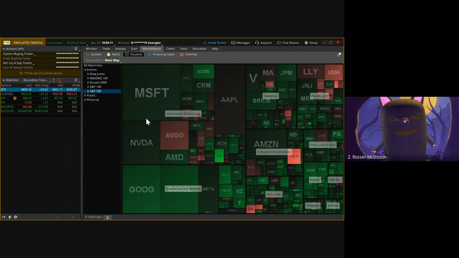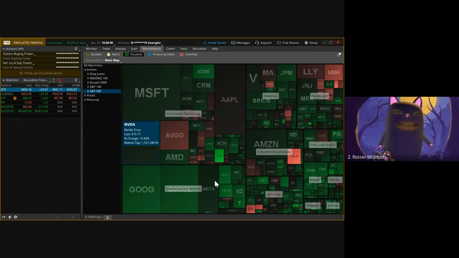So here, the size of each square is proportional to how much of the S&P 500 these companies are. If the big rectangle is the whole S&P, then the size of each square is a very visual representation of how large those companies are as a part of the S&P, what percentage they are in effect.